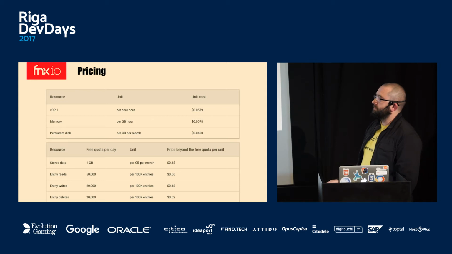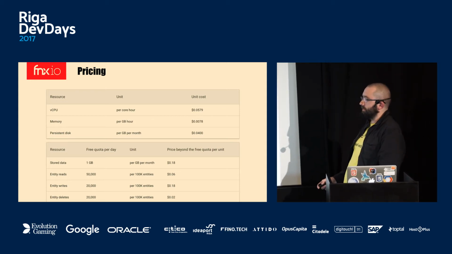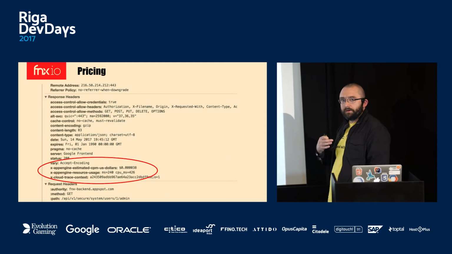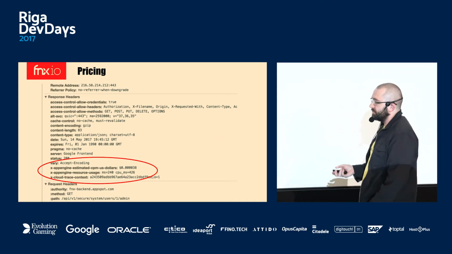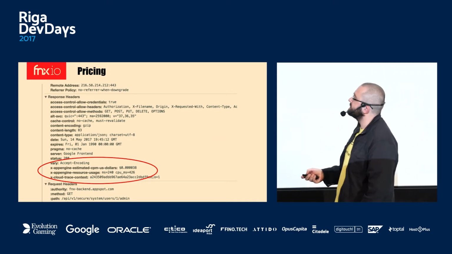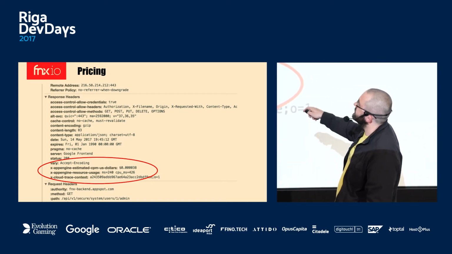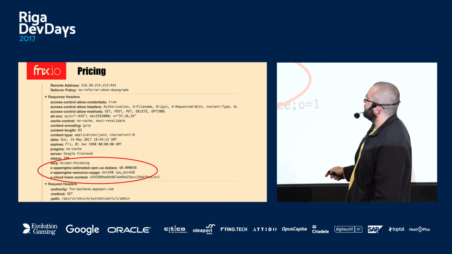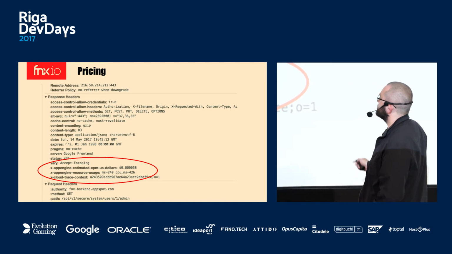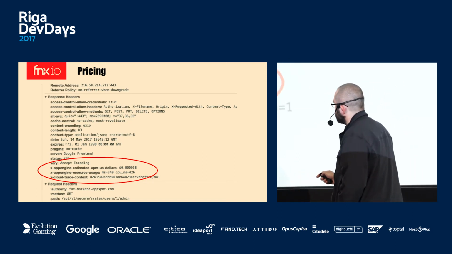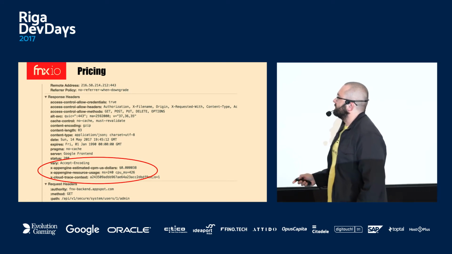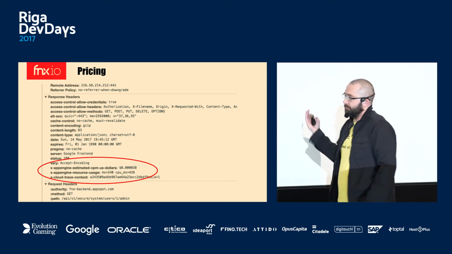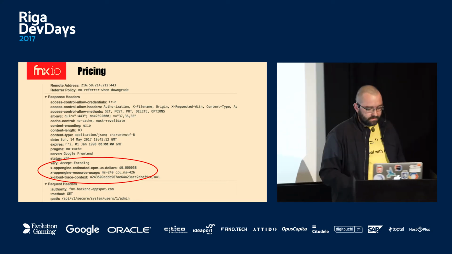First 20,000 writes are for free, then you pay something. They are very transparent about the pricing. If you are logged in and you are administrator of this application, they give you an estimate for your request. This is Chrome Dev Tools. AppEngine estimated cost per 1,000 such requests is nothing. This is probably a situation when I directly hit memcache, receive the data, and I'm going back and I'm not paying anything. Take it, Google.